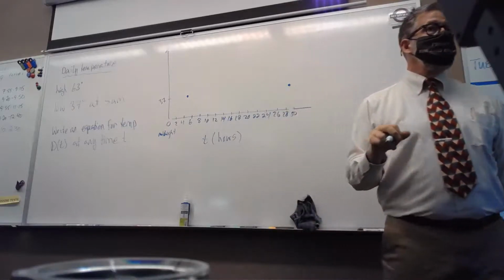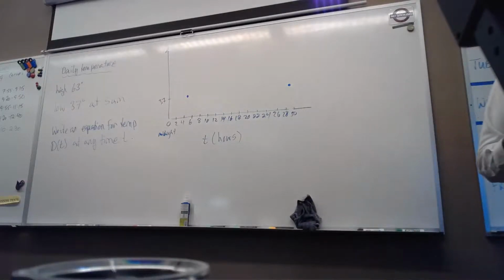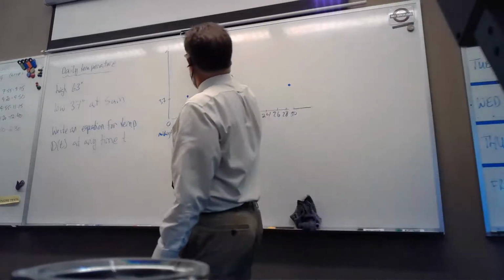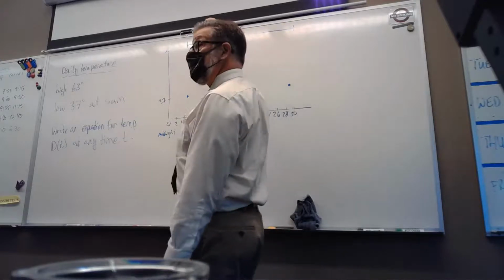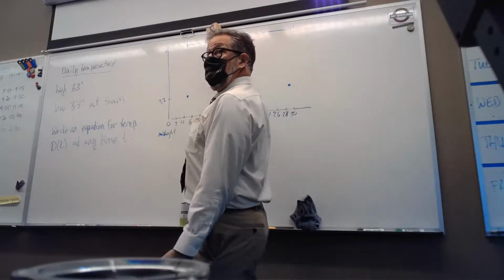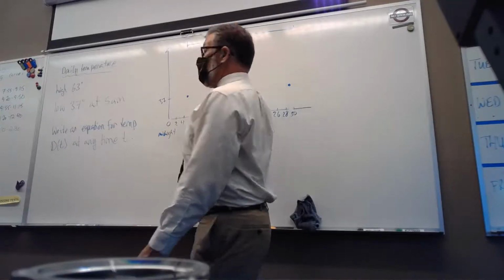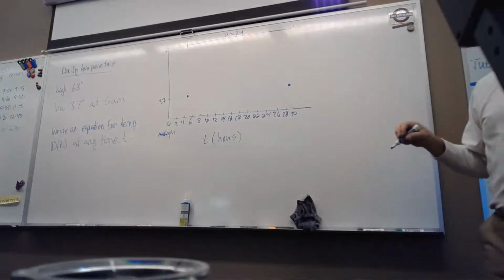Agreed? Because what's the period of daily temperature? How long does it take for one full cycle? 24 hours. Because that's the next 37.